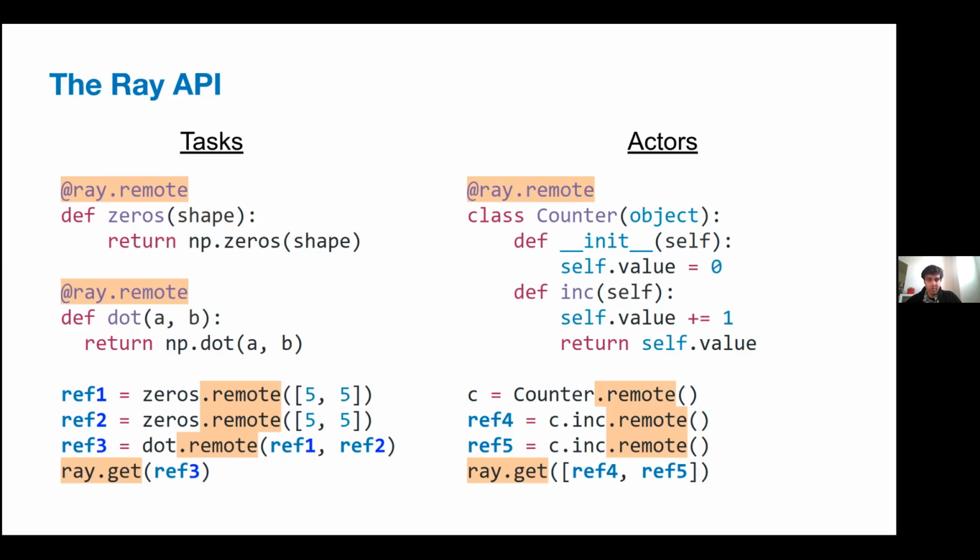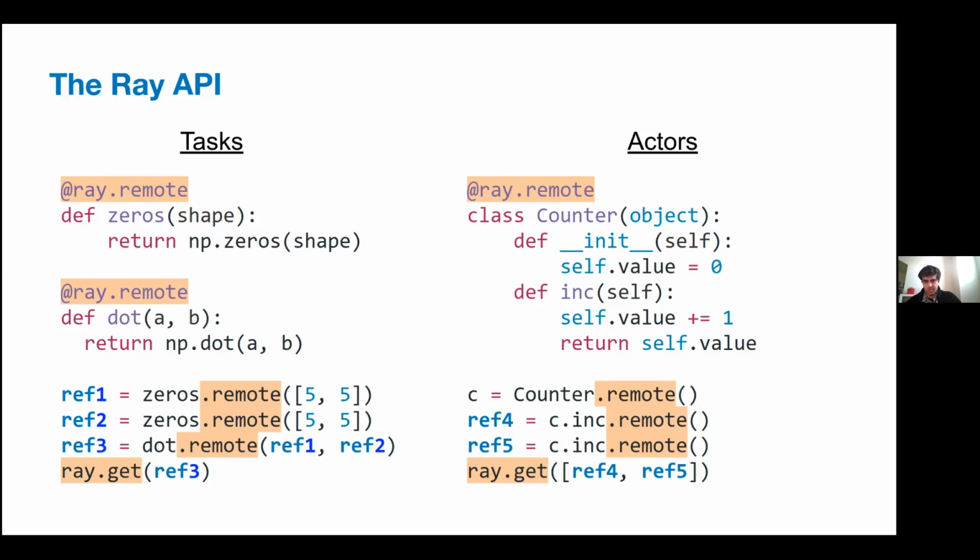With actors, we can instantiate the actor by calling remote on the counter class, and we can invoke the increment operation. Basically, any member of a class that's been made an actor becomes a remote procedure that can be invoked with the state of that actor. So these increment operations are incrementing the value that's being maintained by the actor.